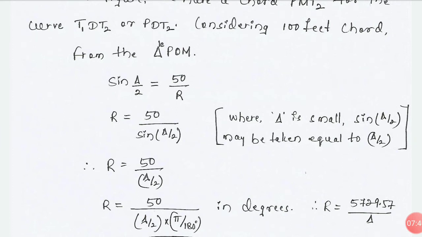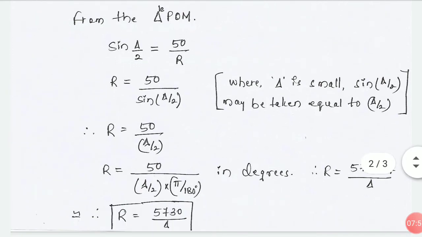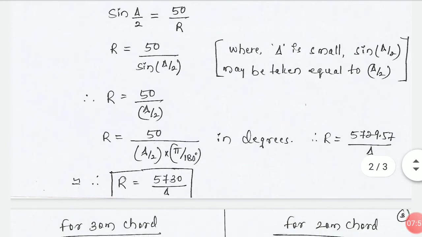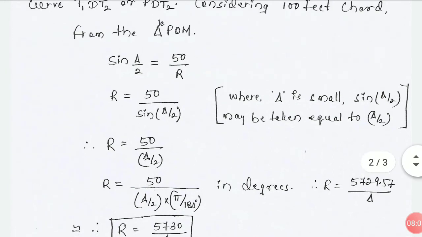Since delta will be small, sine delta by 2 will be small for every interval, so sine delta by 2 may be taken equal to delta by 2. So r will be 50 by delta by 2. If I convert it in terms of degrees, delta by 2 into pi by 180, that will give you 5730 by delta. This is from the chord definition.